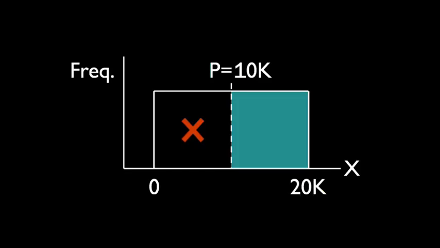But on the other hand, if you expect to have healthcare costs that exceed the premium, which in this case we're saying is $10,000, then you're definitely going to want to buy insurance, because insurance would be cheaper than what you would expect to pay out of pocket for your medical bills.